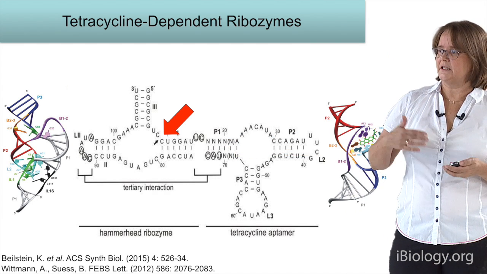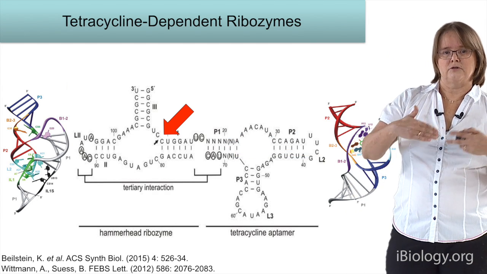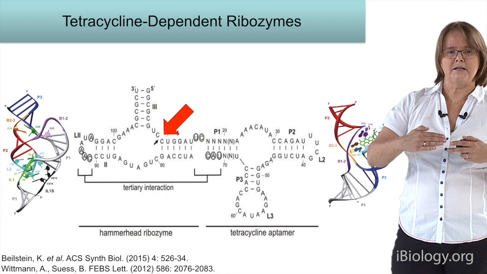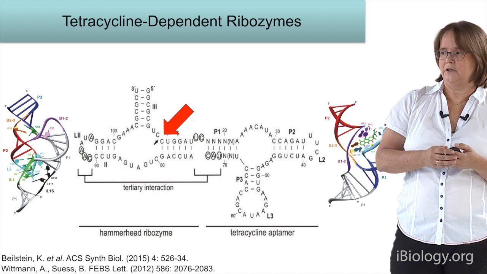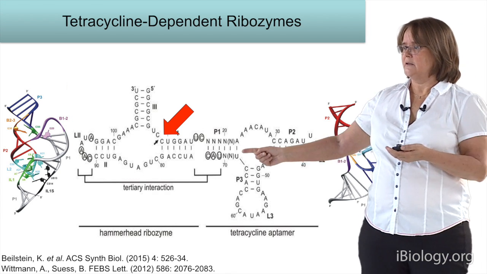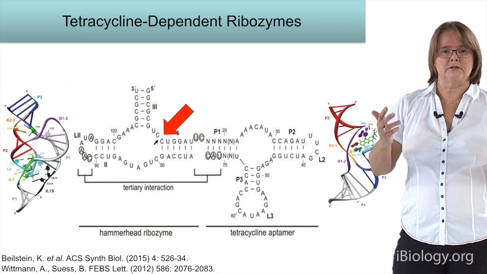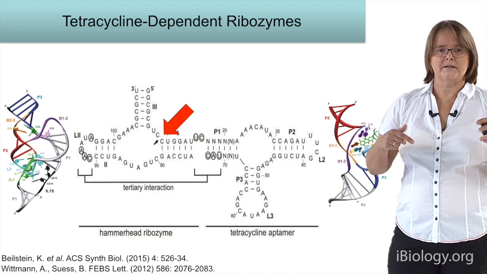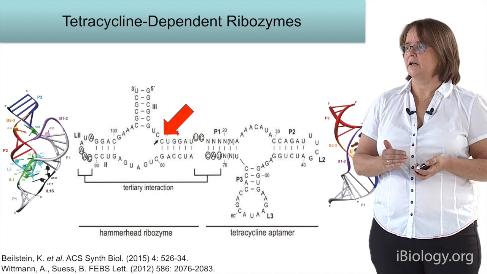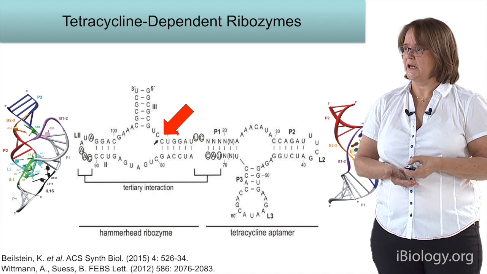And then if we add tetracycline, as shown in the last experiment, there is a tightening of this closing stem, and these 3 nucleotides here are no longer accessible for this loop-loop interaction, hence the ribozyme can't cleave any longer.